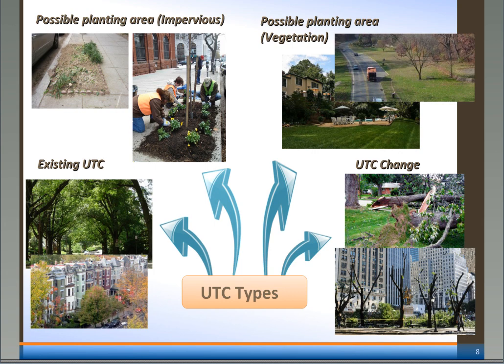The PPA, or possible planting area vegetation category, is primarily your turf grass and open space.